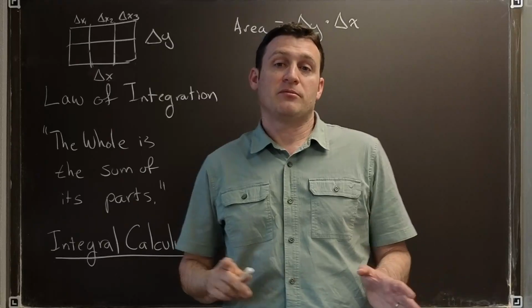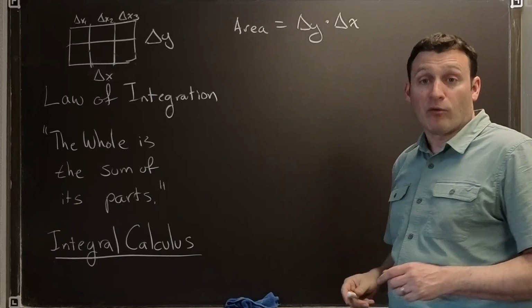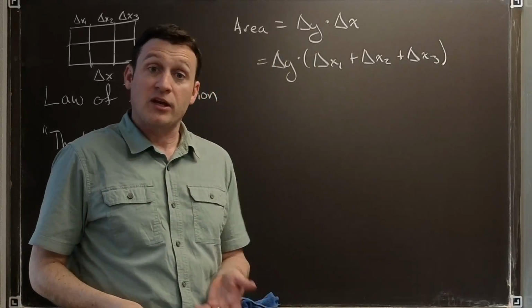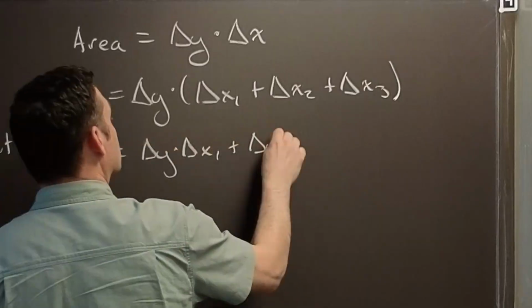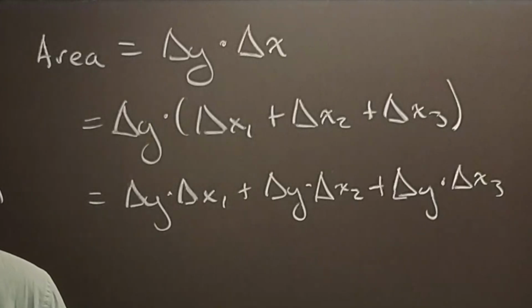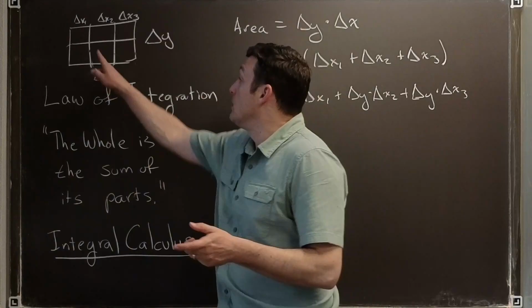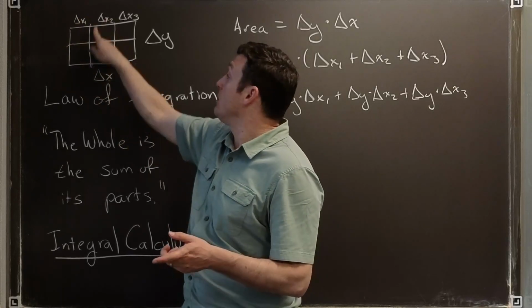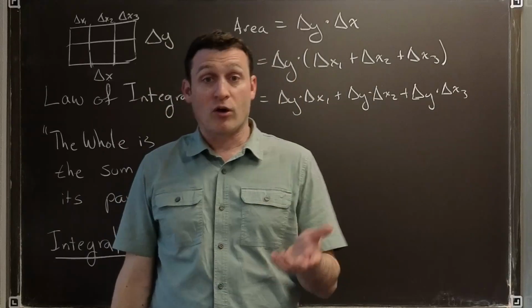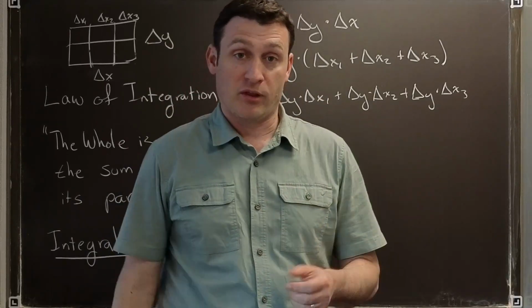What I would now do is, in my formula, my multiplication, I'll replace delta x. Now, because this is multiplication, it distributes over addition. We now see that if these are each capturing area, then what we've just done is captured the area as a sum of three smaller areas. Which smaller areas? This entire size here, that one here, and that one there, because they all have length delta y. If we also want to factor in the change in y, we can do that as well.